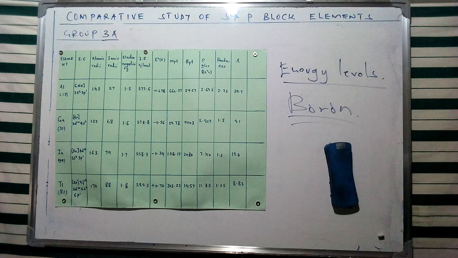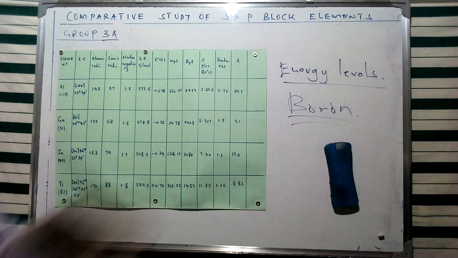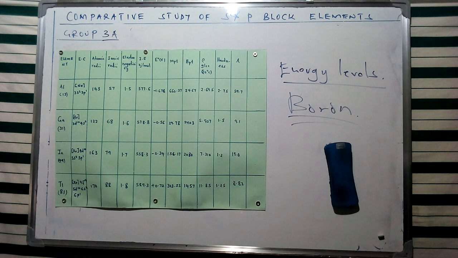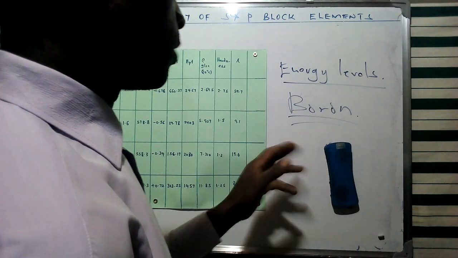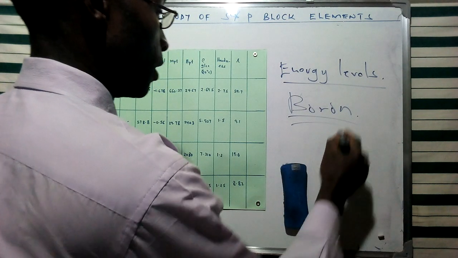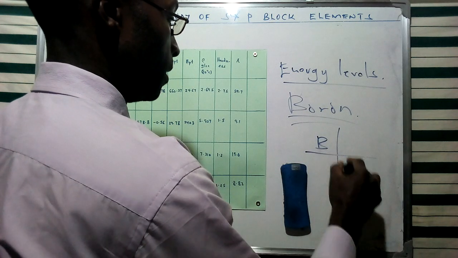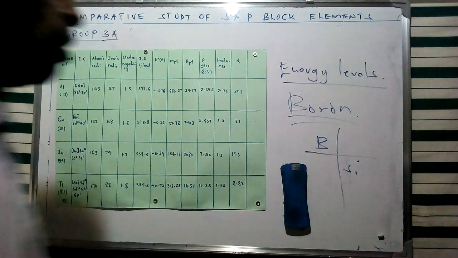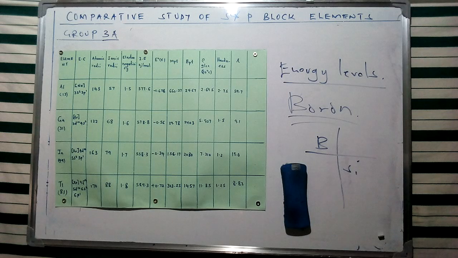And we're going to see whether it's going to display some of the diagonal relationship, just like beryllium, which has a close relationship with aluminium. And as we are going to see, boron as well, we are going to check out whether it's going to display some of the properties which are displayed by silicon.